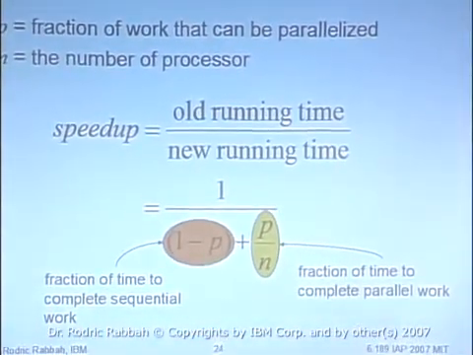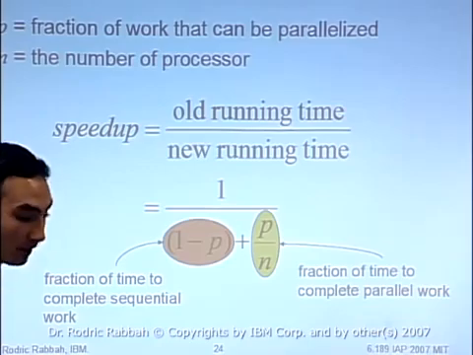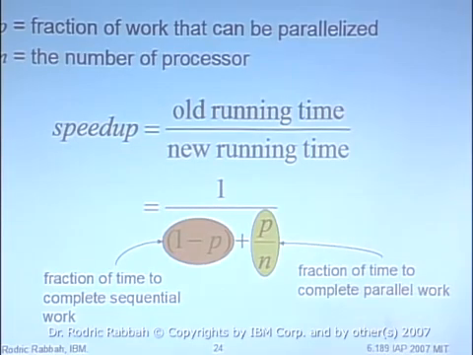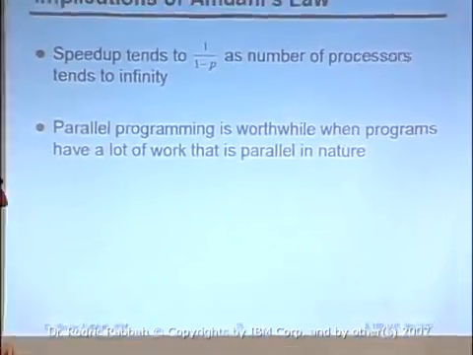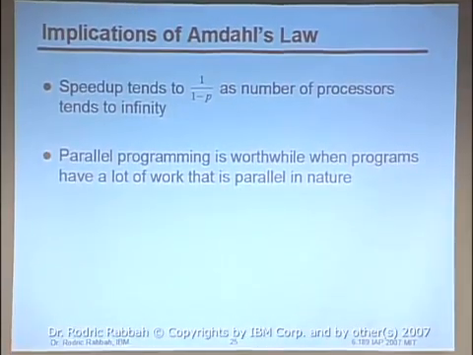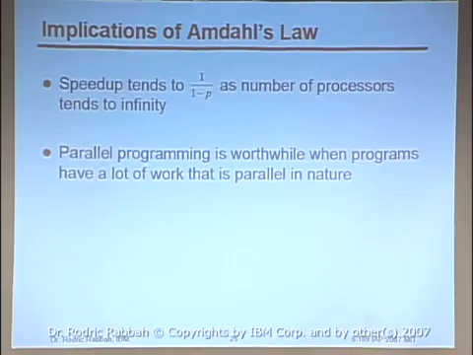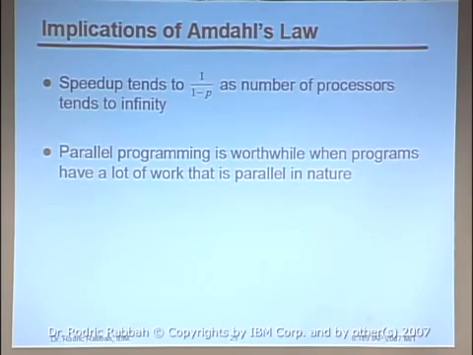And since I can parallelize that fraction over n processors, I can reduce that to really small amounts in the limit. Does that make sense so far? Okay. So the speedup can tend to 1 over 1 minus P in the limit. As I increase the number of processors, or n gets really large, that's essentially my upper bound on how fast programs can work.